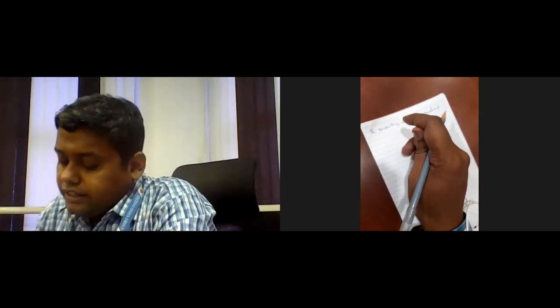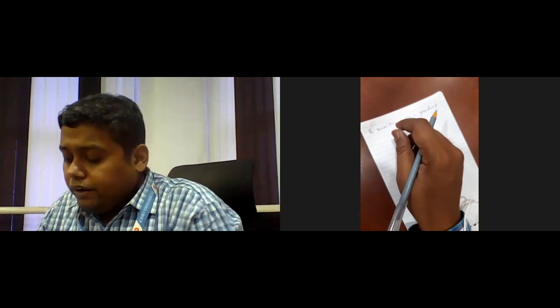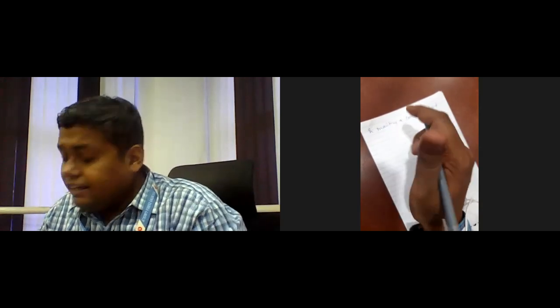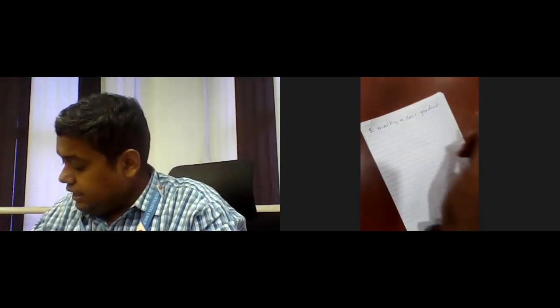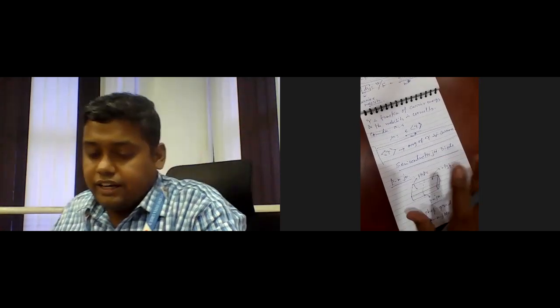When we consider the linearly graded junction, the impurity concentration varies almost linearly with the distance from the junction. Now, when the junction is formed, draw a single line of the crystal. It is already drawn in the last diagram and already discussed. So the junction is formed over here, maintaining a concentration gradient.